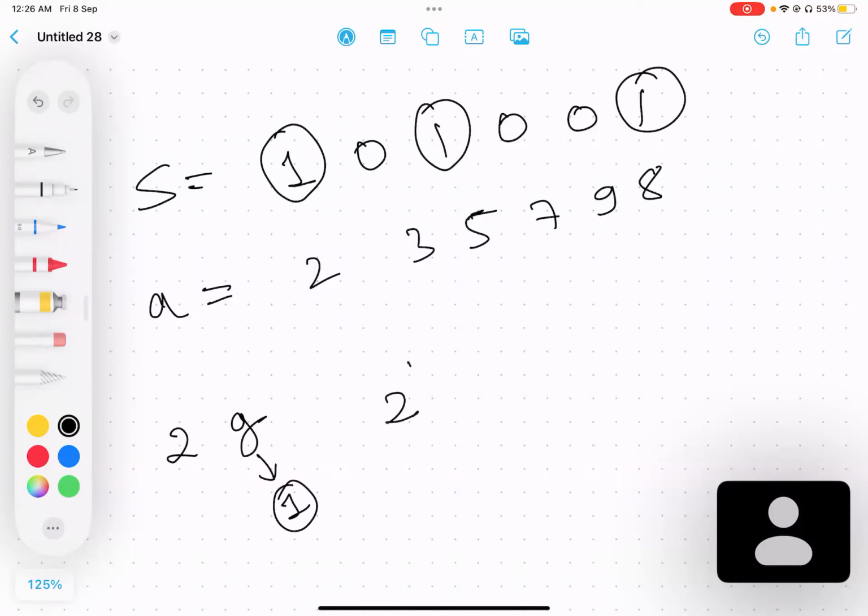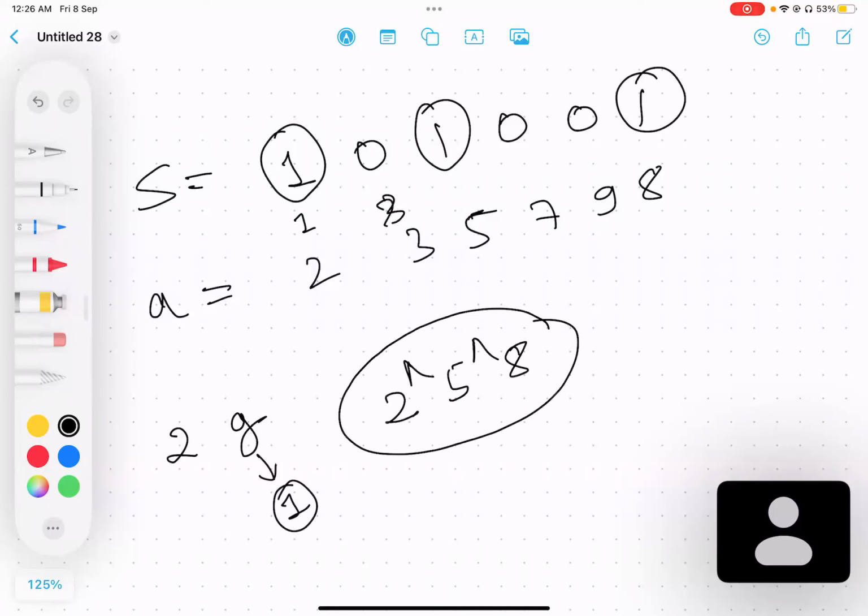So you will take GCD of 2, 5, and 8, and you will return this value, right? Because this is index 1, 2, 3, 4, 5, and 6. So this first index, third index, sixth index, these all indexes correspond to value 1, right? So you need to take the GCD of 2, 5, and 8.